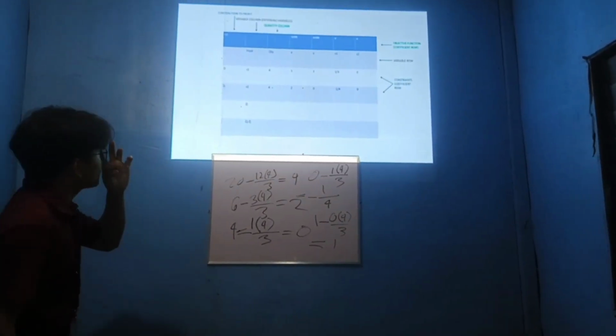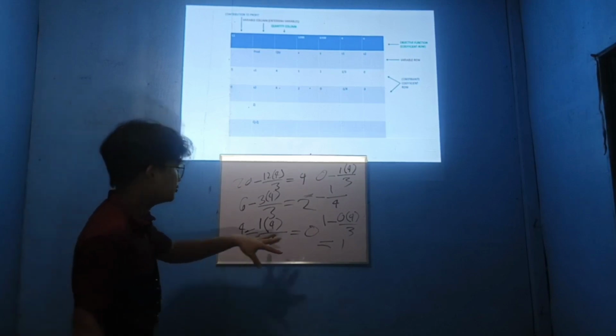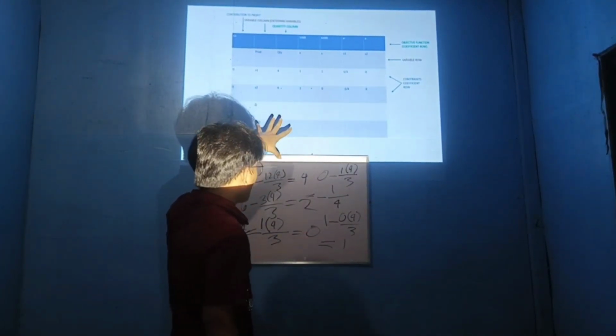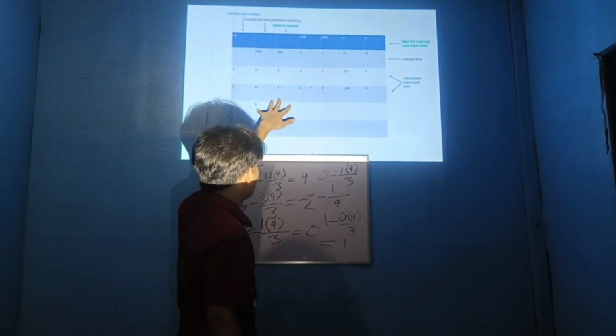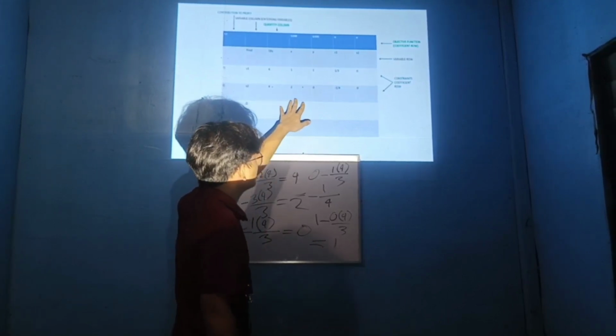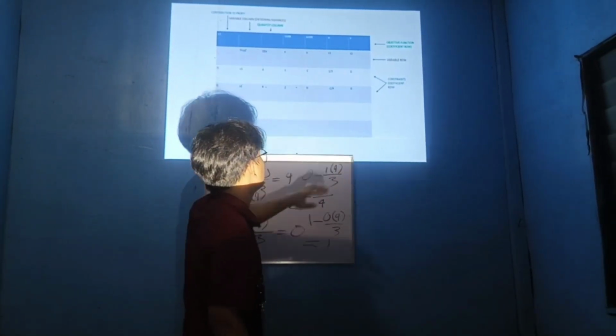In the Simplex Table 2, we need to input this. Here we have the 4, 2, 0, negative 1/4, and 0.